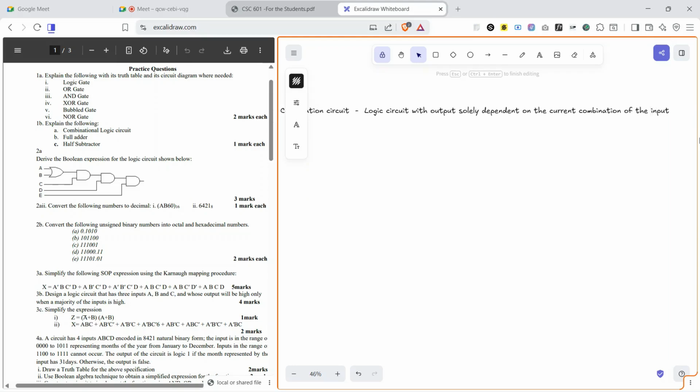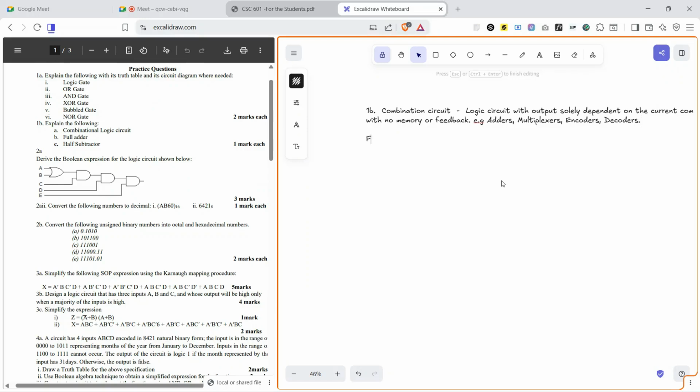It has no memory or feedback. I think that's the basic picture. So examples are adders, multiplexers, encoders, decoders.